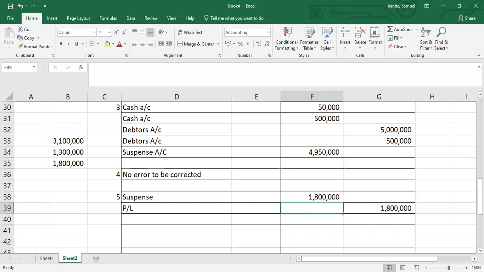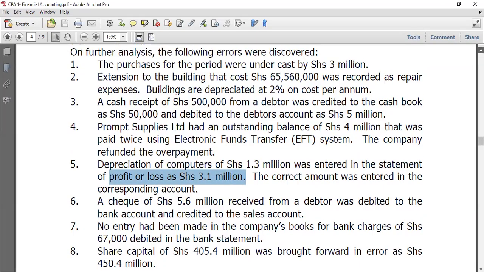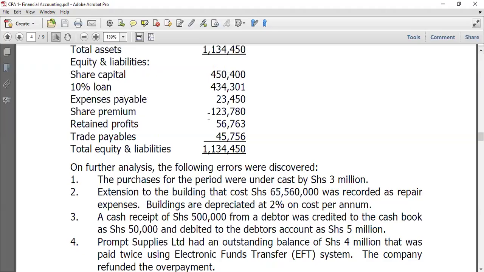I want to bring it to your attention: remember, we have left the ledgers already. We went to the trial balance, and now we're at the P&L stage. The error was not made in the depreciation account; it was made in the statement of P&L. So we are making the adjustment within the P&L so that we are able to adjust our retained profits.